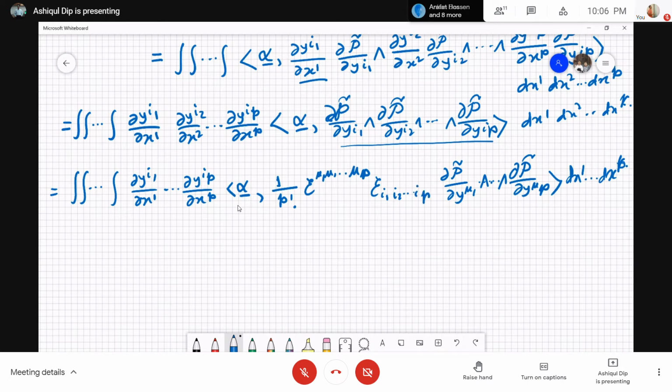Is that correct? Yeah. So now if I take this thing here, what do I get? Now the definition is just the determinant sign, E I1 up to Ip, delta Y I1 by delta X1 up to delta Y Ip by delta Xp.